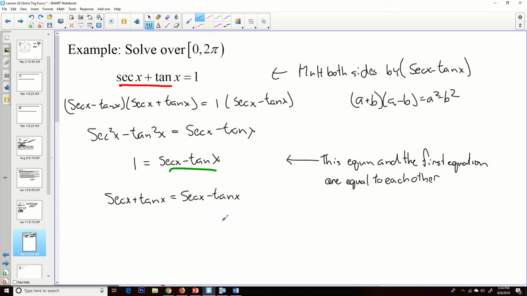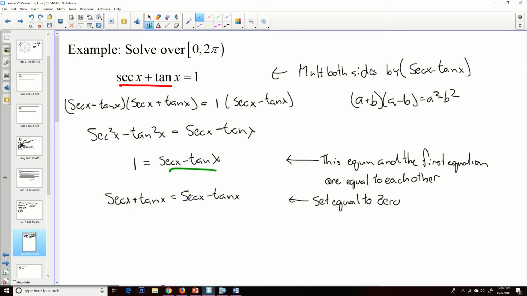All right, and so let's see here. If I add tangent to both sides and subtract secant from both sides, we're setting this equal to 0.